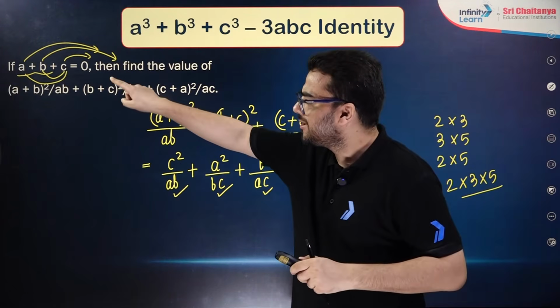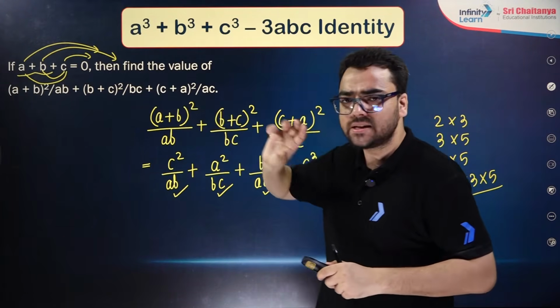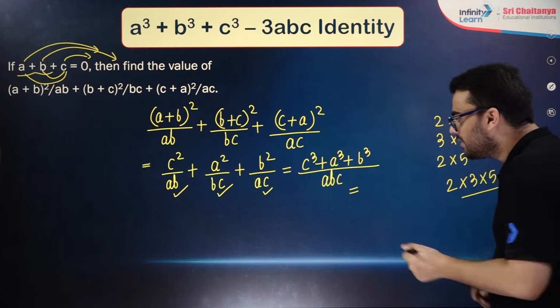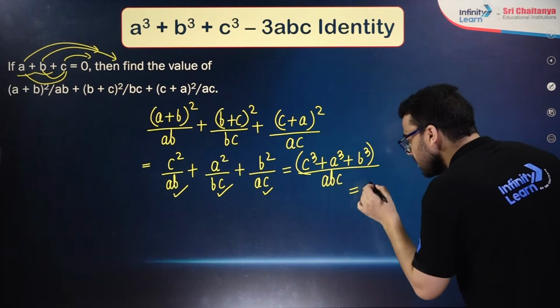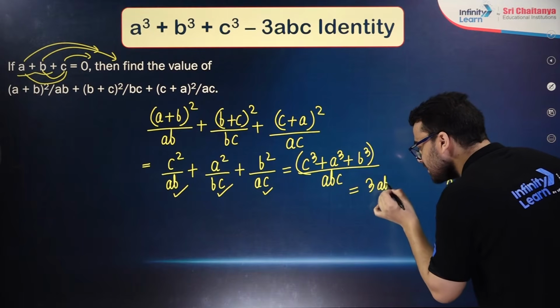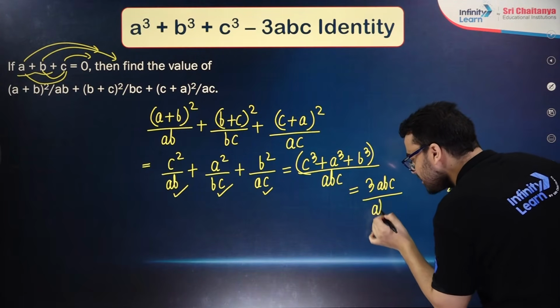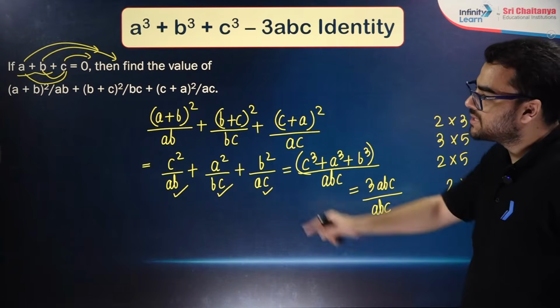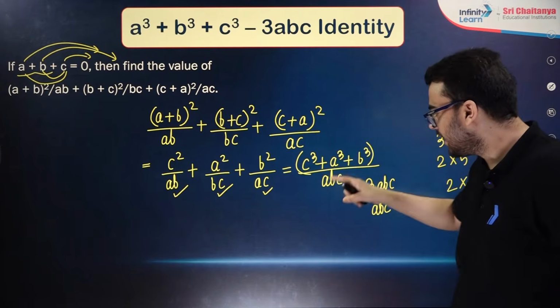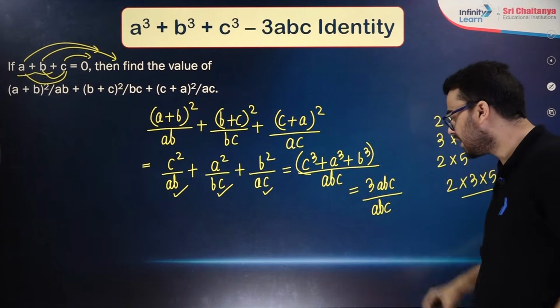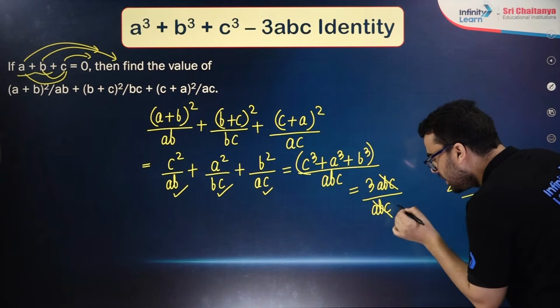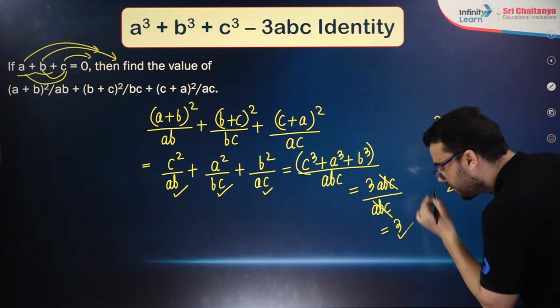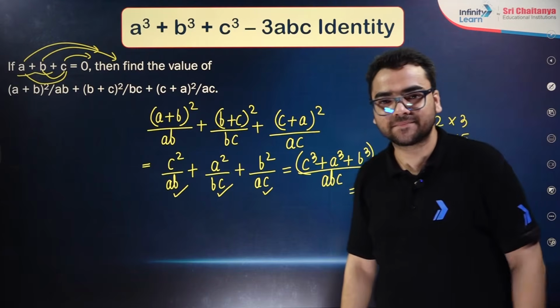It is given that A plus B plus C is 0. So can't we say that A cube plus B cube plus C cube will be 3ABC? Have we done it today itself? That if A plus B plus C is 0, then A cube plus B cube plus C cube is 3ABC. This will be cancelled out. So 3 is the answer. I hope that is clear, guys.